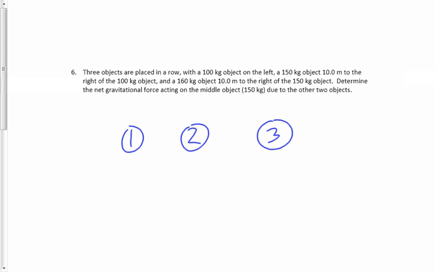The first one is 100 kilograms. The second one is 150 kilograms. The third one is 160 kilograms. This is 10 meters distance. This is also 10 meters distance.